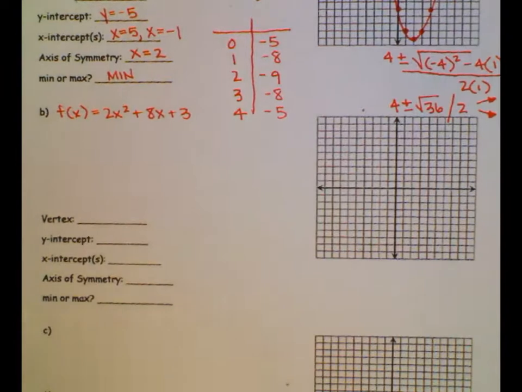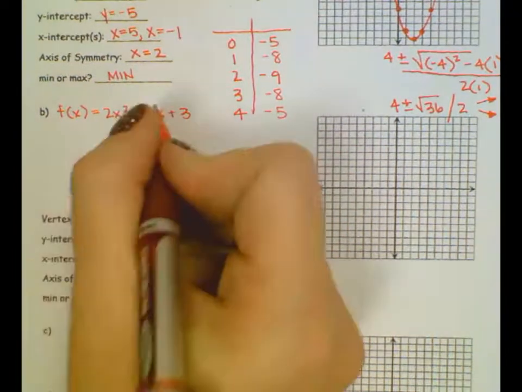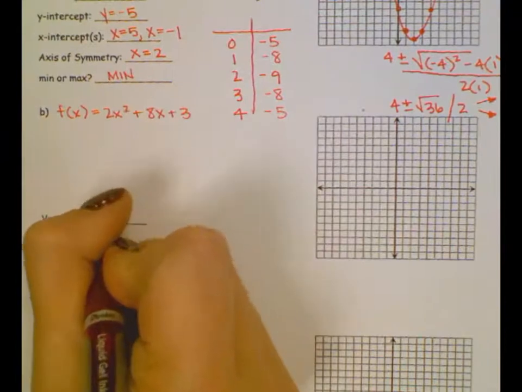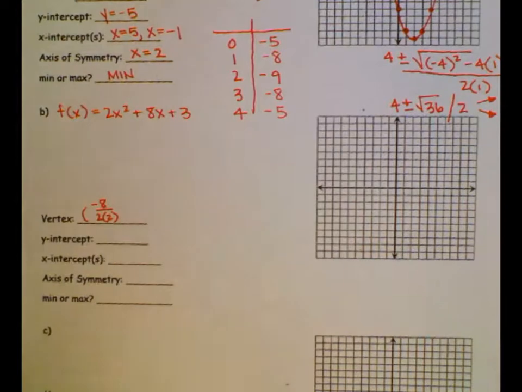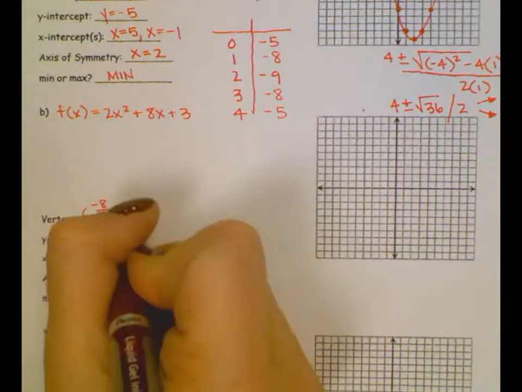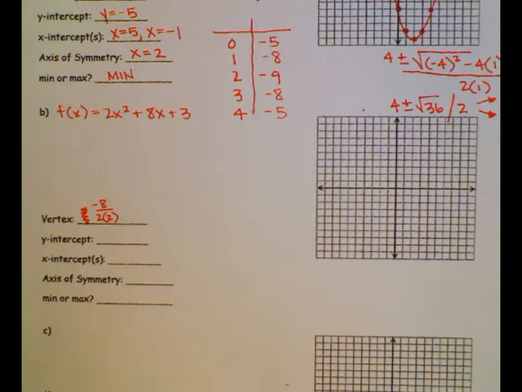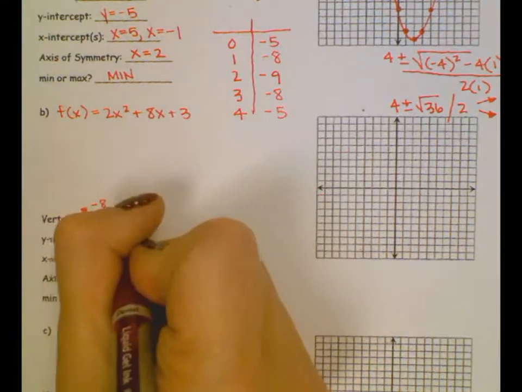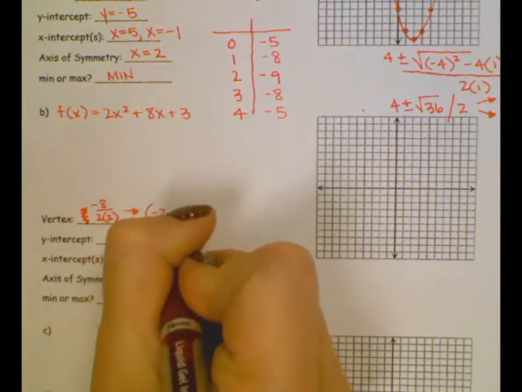Let's go vertex first. Negative b, so negative 8 over 2a. So what is negative 8 over 4? Negative 2.